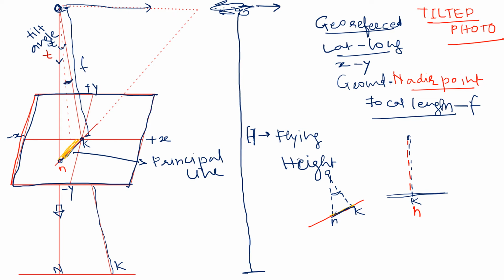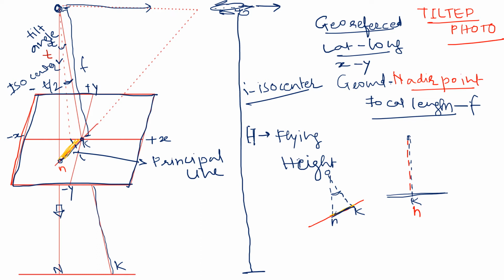I'll denote that as T by 2. This falls on the point denoted as I, and it is called the isocenter. I is the isocenter, which bisects the tilt angle.